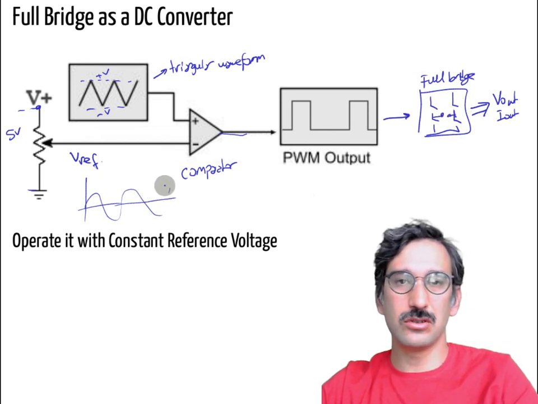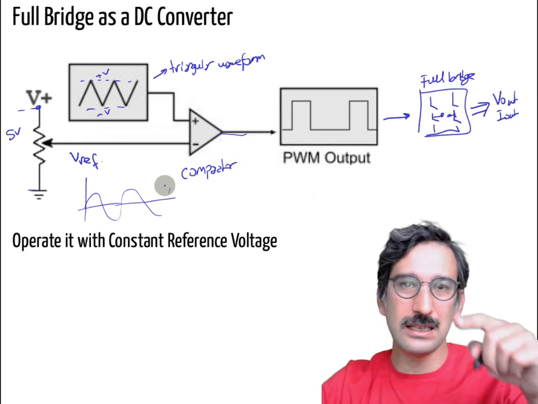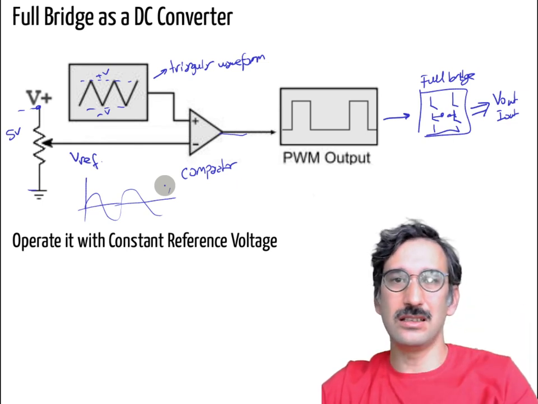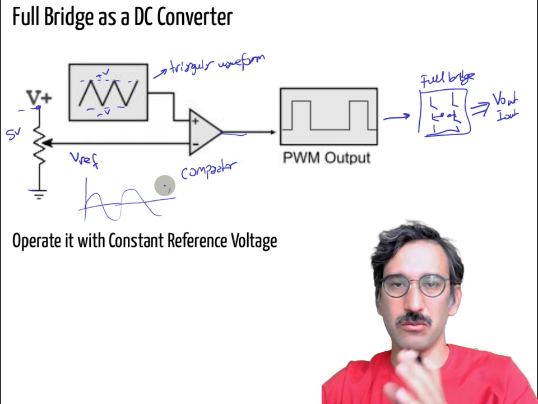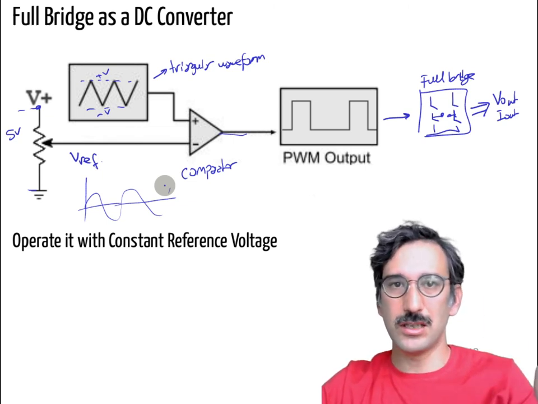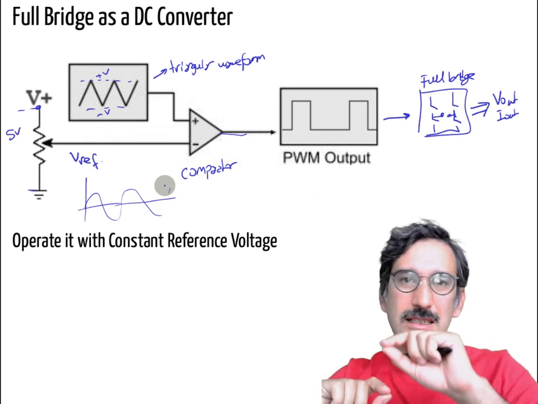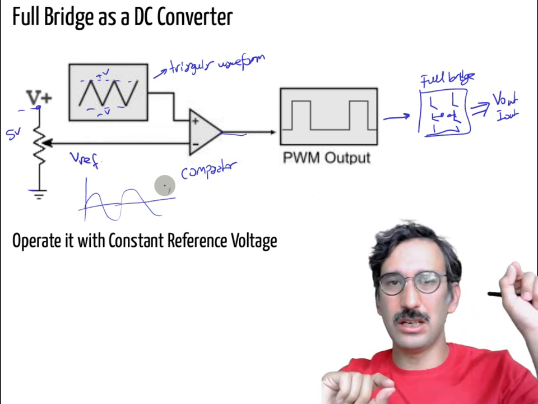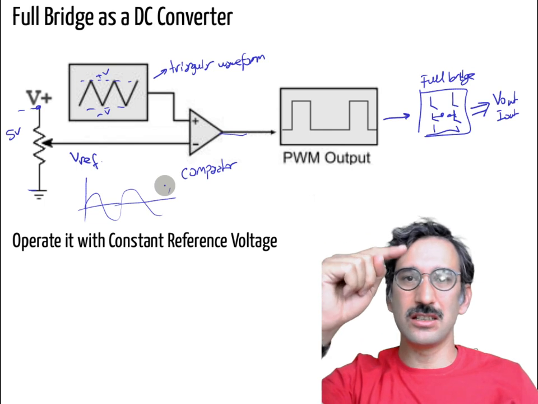Or in other words, all inverters, all AC generators are actually DC-DC converters which can operate in 4-quadrant modes, but at every PWM cycle you are changing your reference voltage.